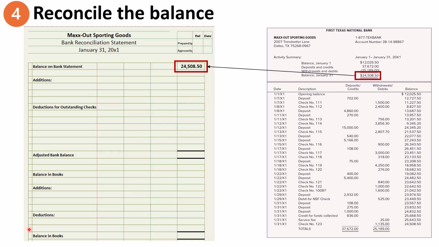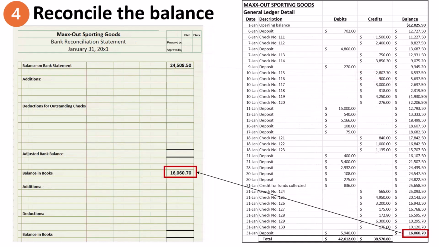Let's start with the process of reconciling the balance by entering the ending bank balance of $24,508.50 into the top section of the reconciliation on the line that says balance on bank statement. In the second section labeled Balance in Books, we'll enter the ending balance from the cash account in the general ledger.